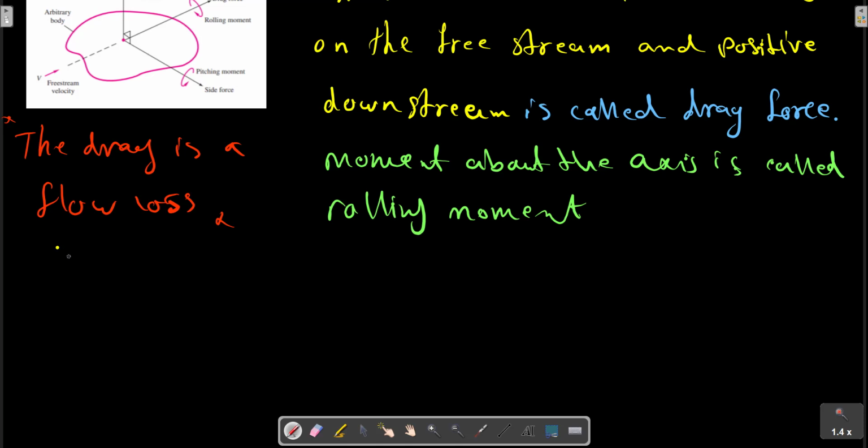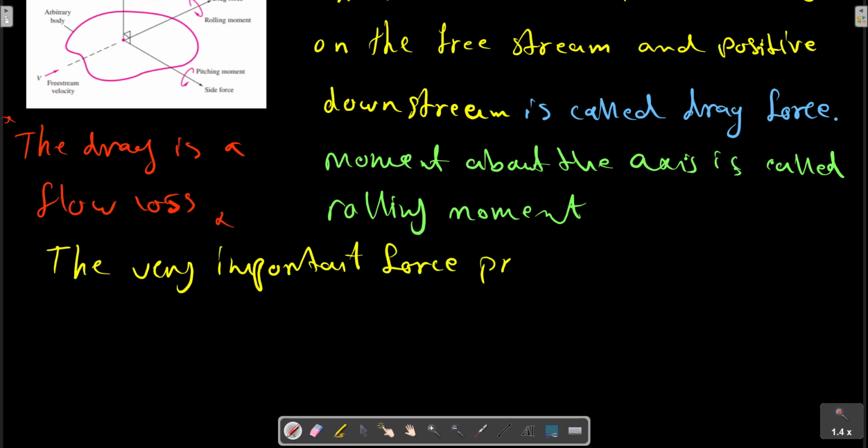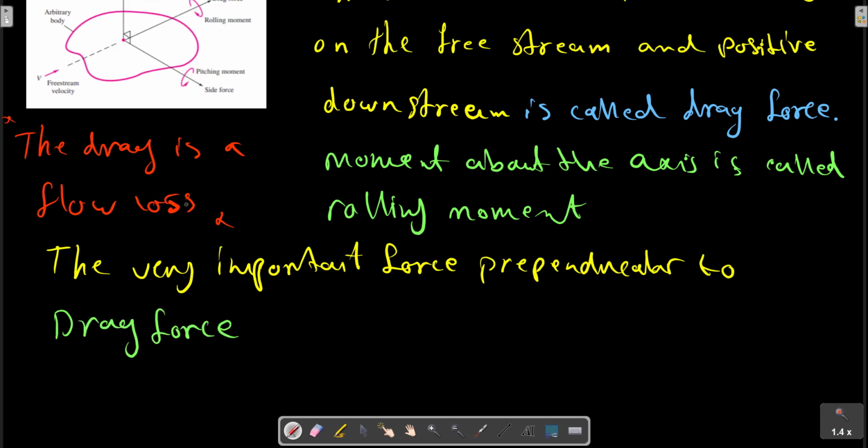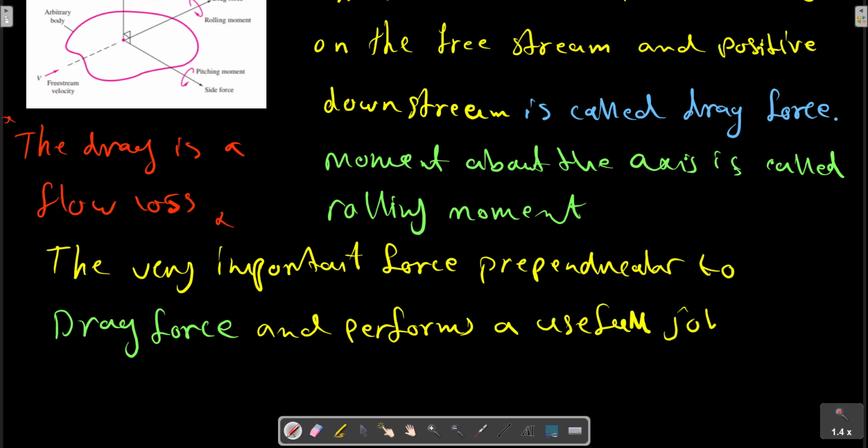A very important force perpendicular to the drag force, which performs a useful job, is called the lift force.